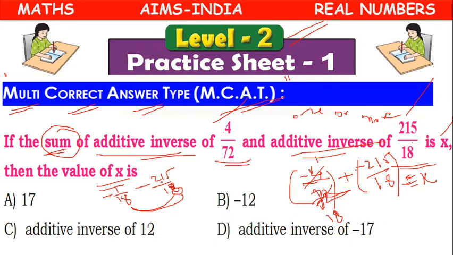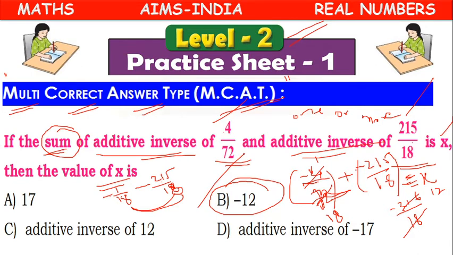Minus 1 minus 215 equals minus 216. So we get minus 216 by 18. 18 twelves are 216, so it gets cancelled. So the answer is minus 12.